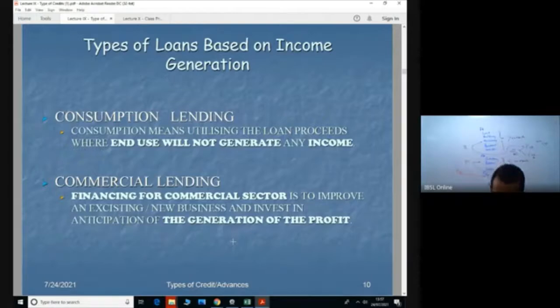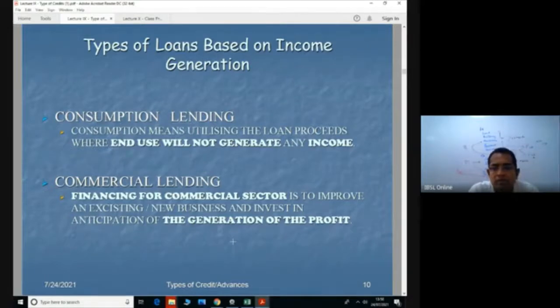Consumption lending and commercial lending: if the end use of the loan money does not generate income to repay the loan, then it is consumption lending, like personal loans and housing loans.